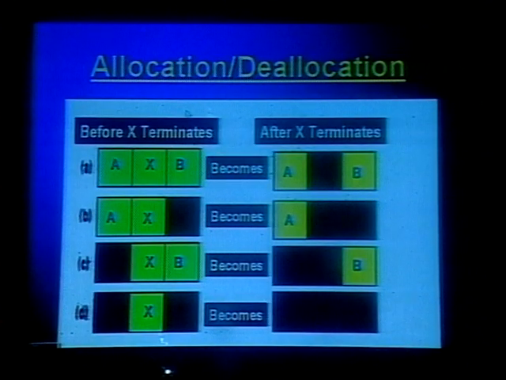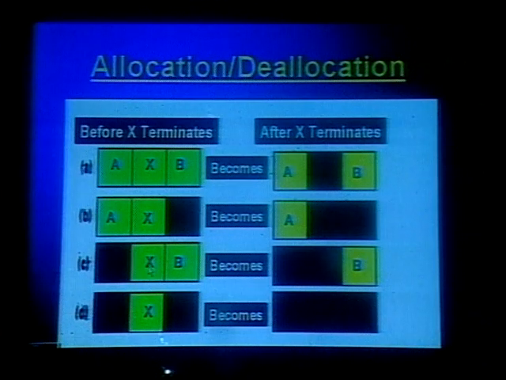In this diagram we see before X terminates, X is a job and it has another job on its left and on its right. In the second instance, we have a job A on its left and the right side is empty.